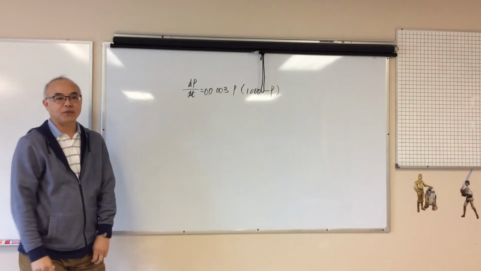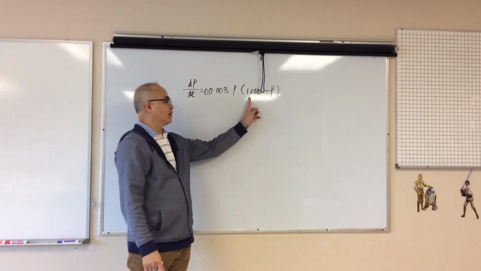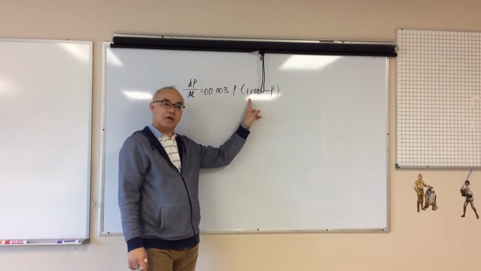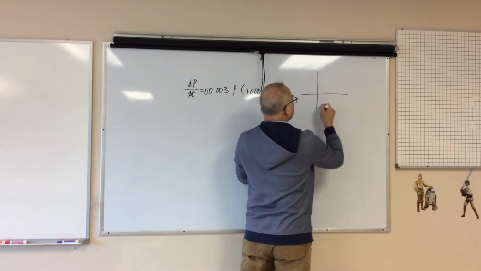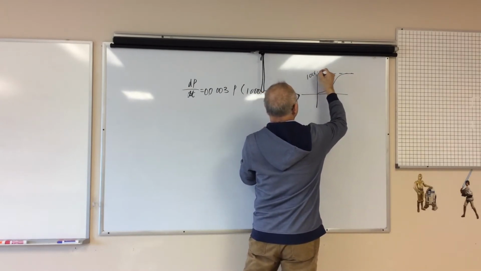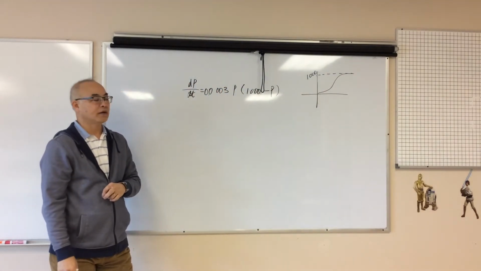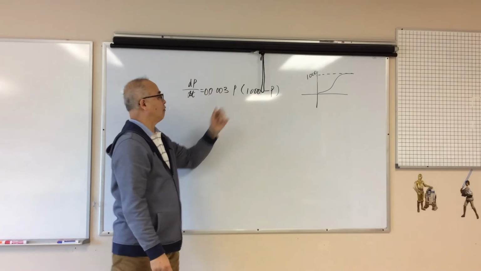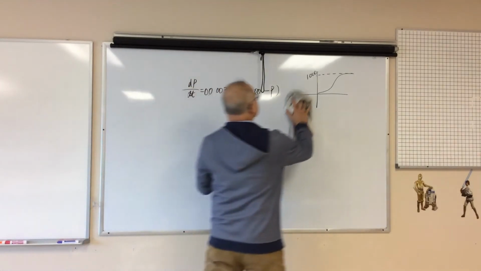There's one thing we know right off the bat: P can't be greater than 1,000. 1,000 is the carrying capacity, so when we draw the logistic curve, it's going to max out at the carrying capacity of 1,000. All right, let's see if we can work this out.